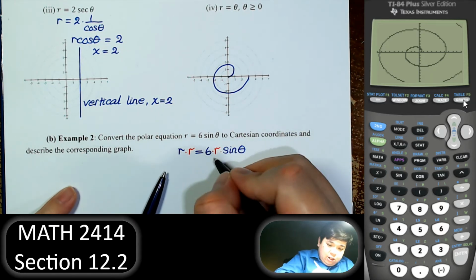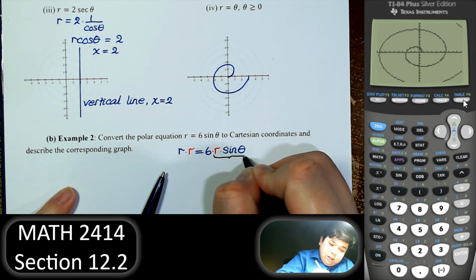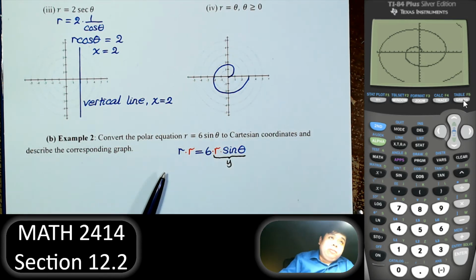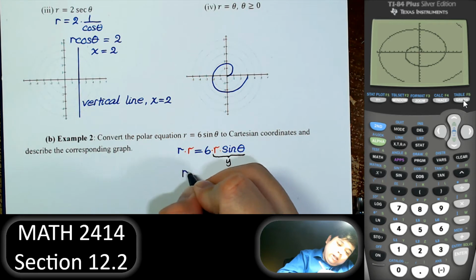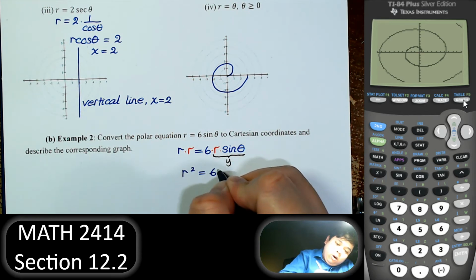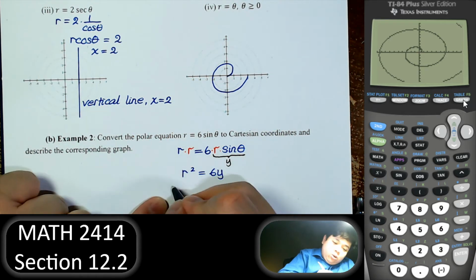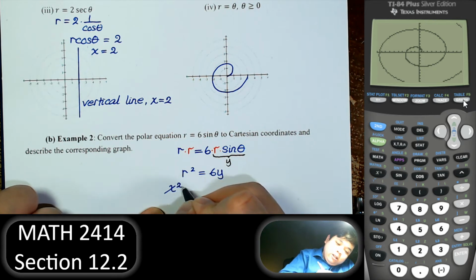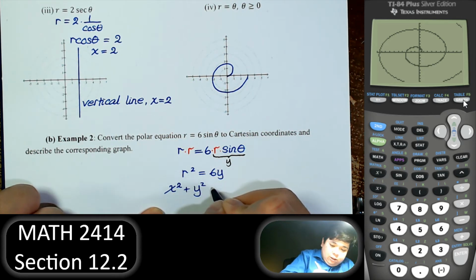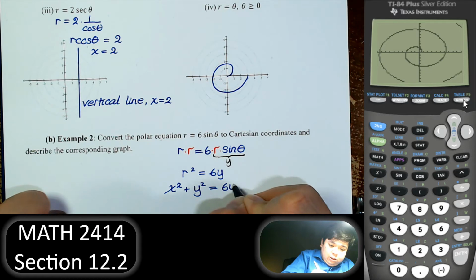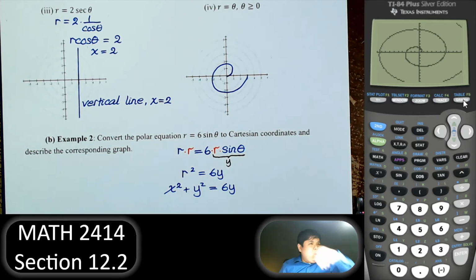And r sine theta is going to be y. So we have r squared equal to 6y. And r squared is x squared plus y squared. So that's good. But what equation is this?